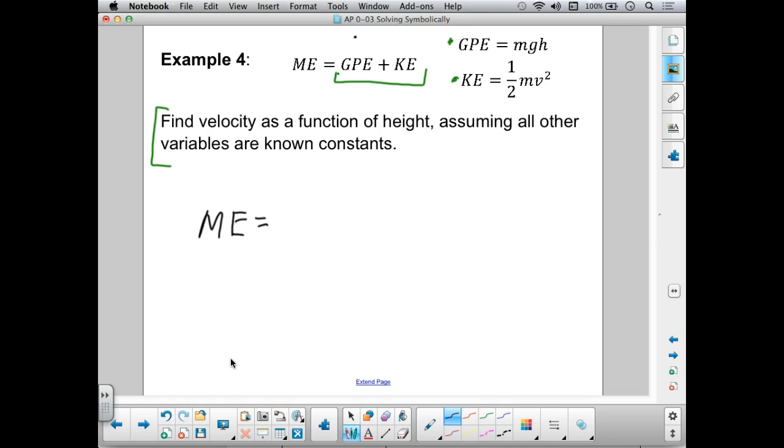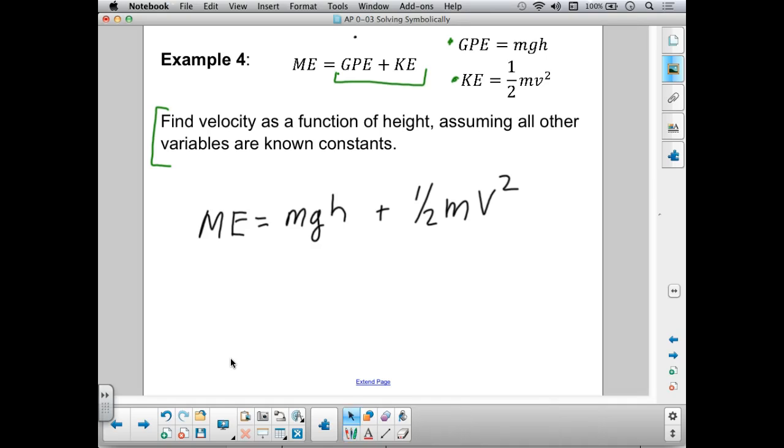The total mechanical energy is the definition of GP, mgh, plus the kinetic energy, which is 1/2 mv squared. And now I have velocity and height in the same equation, which means it's possible for me to manipulate this using algebra and end up with velocity on one side and everything else on the other. So let's see what we have to do.